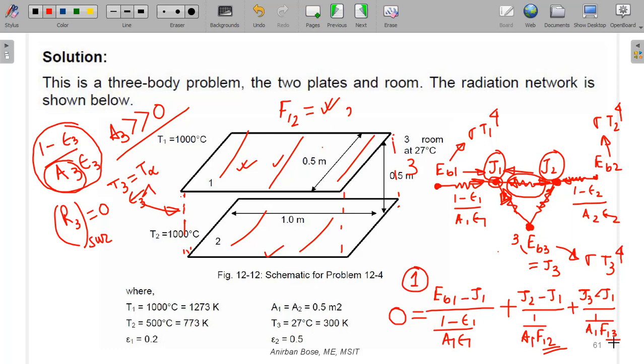you require F13. From 1 to 2 and 1 to 3, if you apply the summation rule, F11 plus F12 plus F13 is equal to 1. F11 is 0 because it is a plane surface. F12 you get from the chart, so F13 you can easily find. Then you just use that value in this expression.